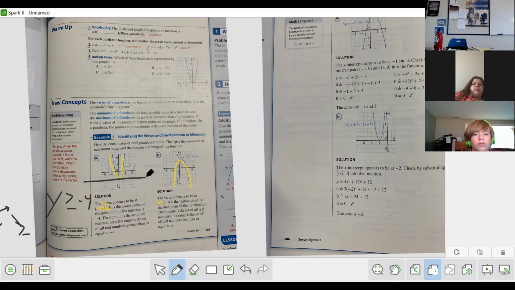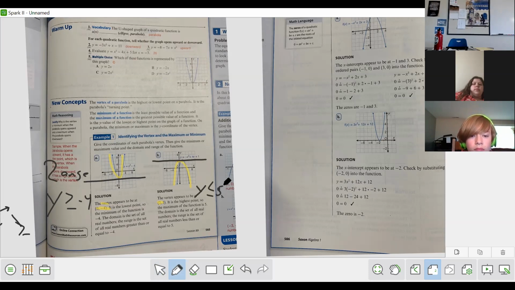We call that the range. The range is always the y values. Excuse me, domain is the x values, range is the y values. Notice here, these y values are always y is less than or equal to 5.